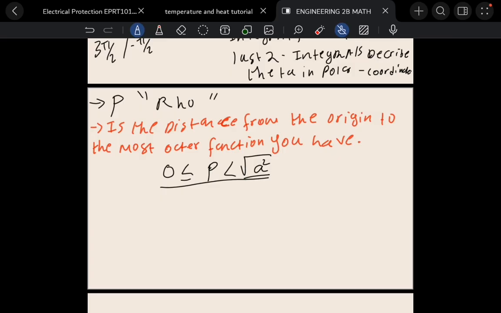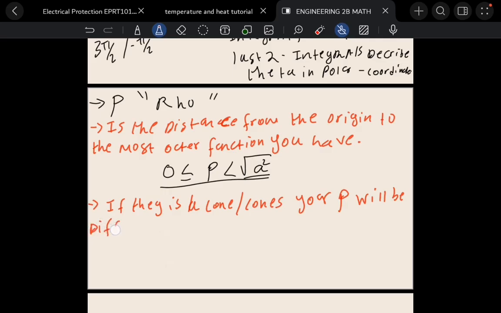And if there is a cone or cones, your rho will be different.